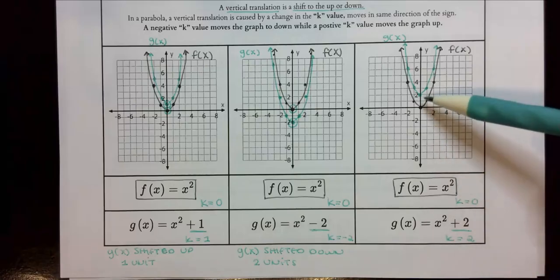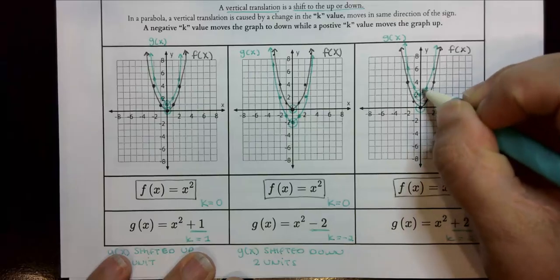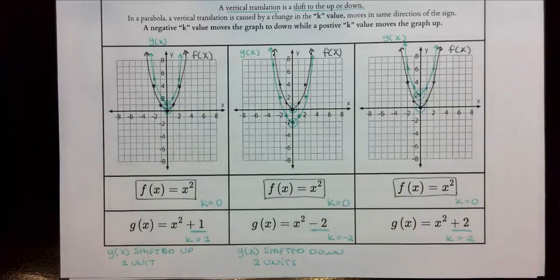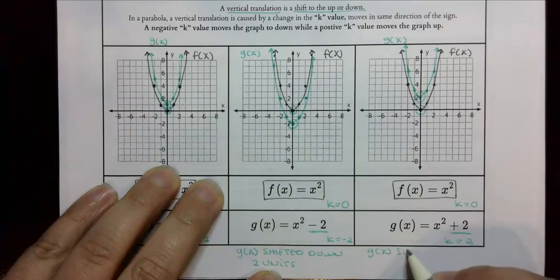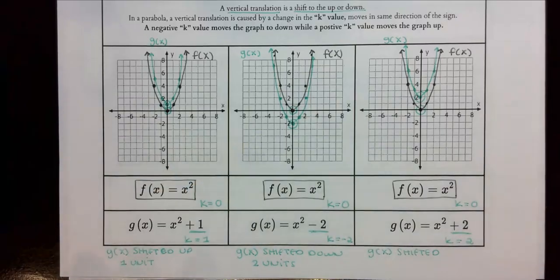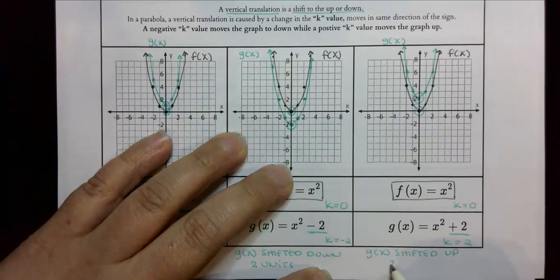So if you look at this graph, here's my parent function, here is my new function, and we can see that it is 2 units above. So for this one, let's write it out. G of x shifted. We should really use the word translates. G of x translated, or translates, up 2 units.